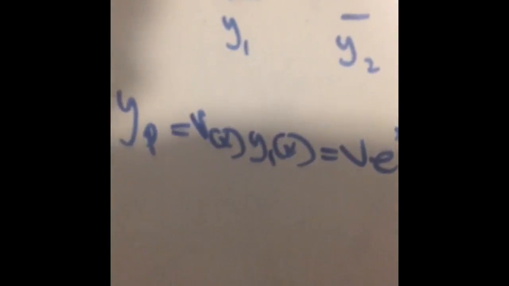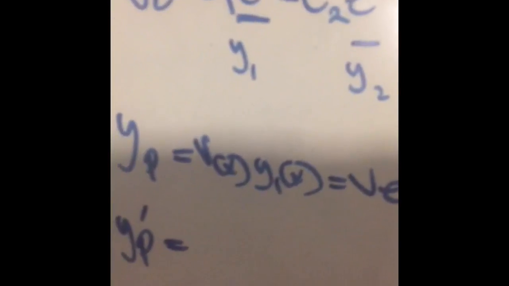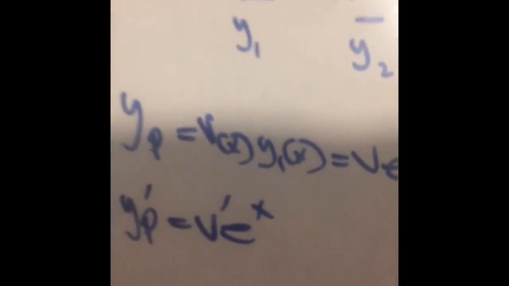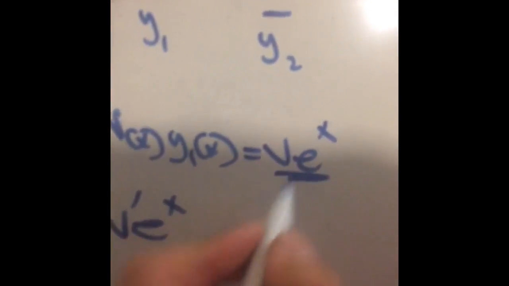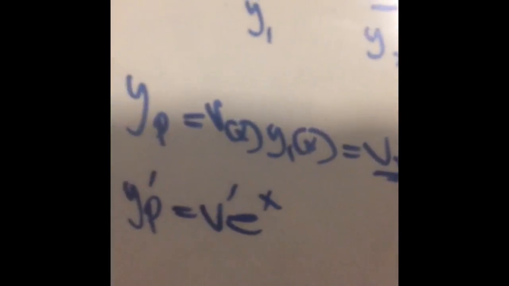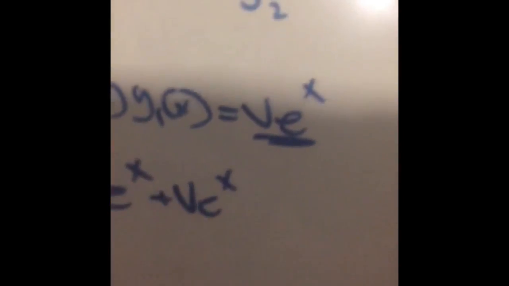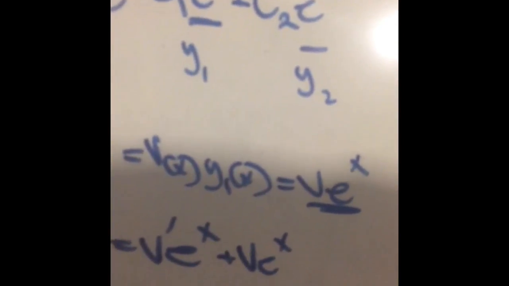And so then we will get yp prime of v prime e to the x, because we're taking the derivative of that, plus itself, because that's how the chain rule would work, and we would get e to the x times v prime plus v.